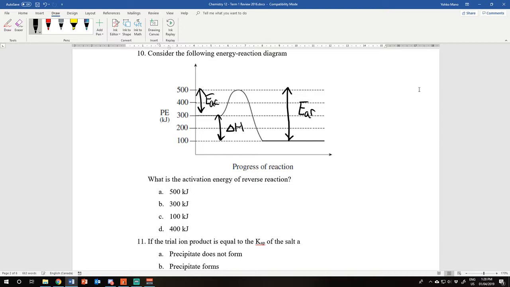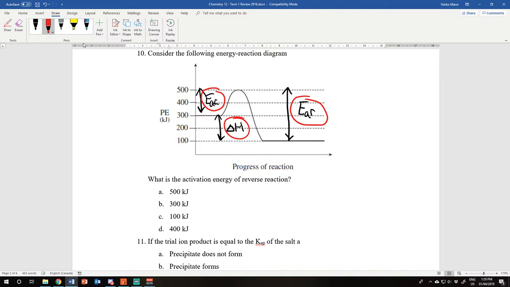I think these are the three most relevant ones: forward activation energy, reverse activation energy, and delta H. So before you actually look at the question, I would highly suggest you do this. And make sure you put the right energies in the right places. So be sure to review that. Having said that, you will probably see a question like this, and if you don't review what all those energies are, then I don't know what to say, especially after we just told you guys to review those.